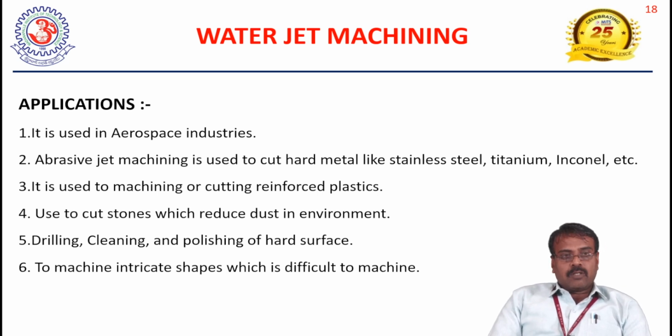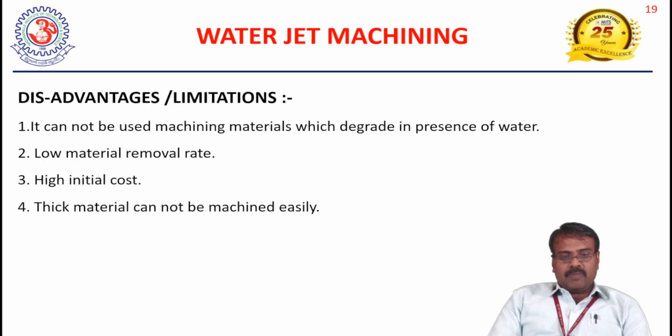Then it is used to cut stones, which reduces dust in the environment. Drilling, cleaning and polishing of hard surfaces can also be done. Then it can machine intricate, complex shapes in abrasive water jet machining.